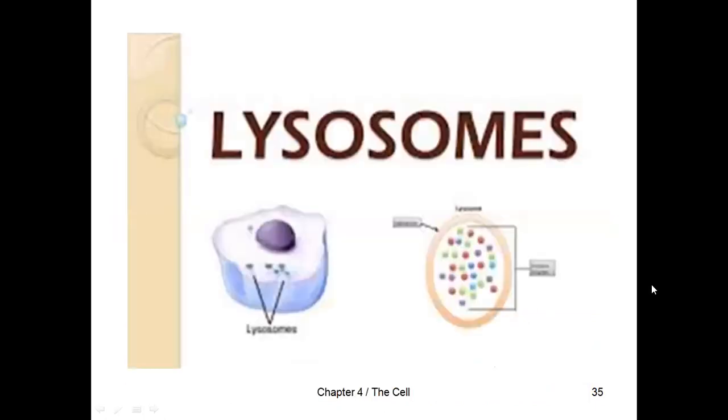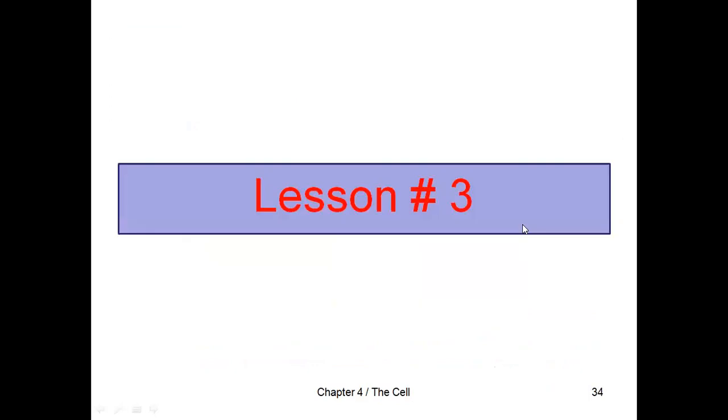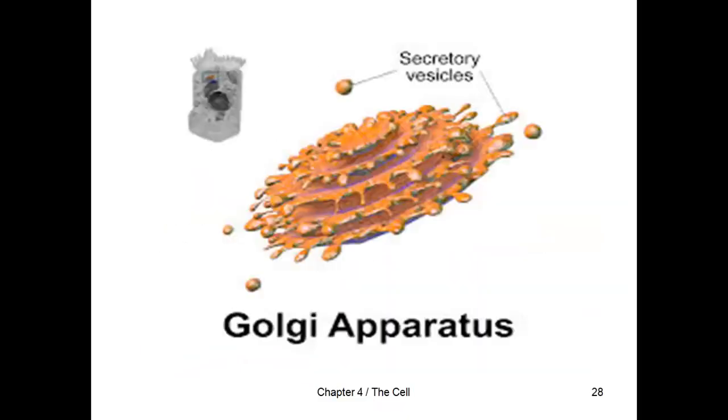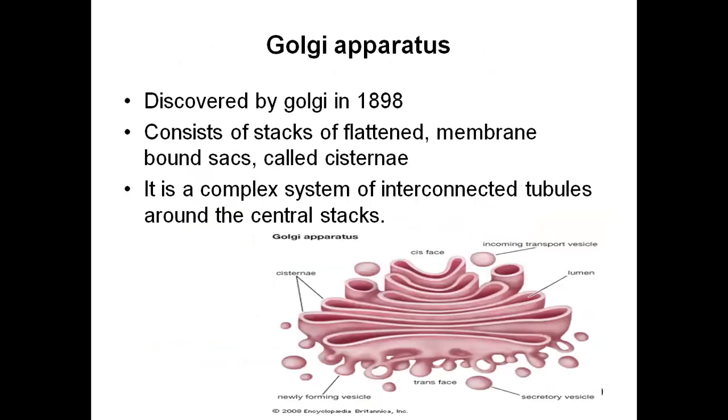The next lesson is lysosomes. We will not discuss lysosomes today. Let us revise the Golgi apparatus. Golgi apparatus was discovered by Golgi in 1898. It consists of stacks of flattened membrane-bound sacs called cisternae. It is a complex system of interconnected tubules surrounding central stacks.